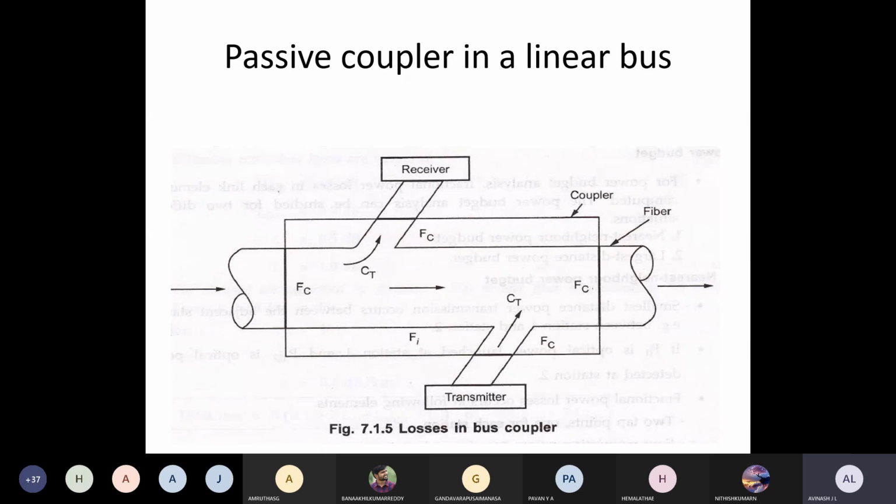The coupler is there and the fiber is there. The fiber is inserted in the coupler, so that the transmitter and receiver can also be inserted in the coupler. We'll discuss one by one. Please make a note of this, all of you.